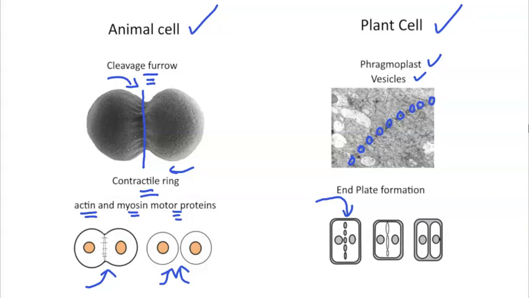Now, just to add an important point, both the animal and plant version, cytokinesis, follows what is called the telophase, the last phase of mitosis. So this is after the telophase.